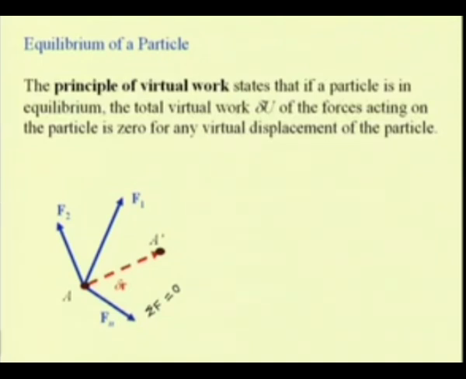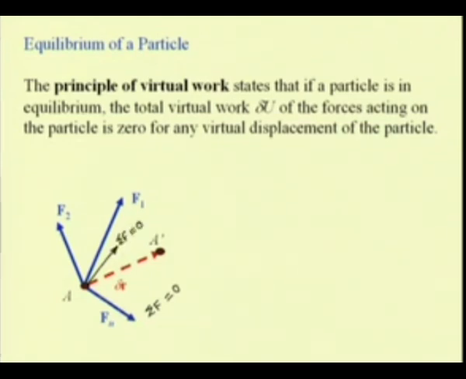So, the principle of virtual work states that if the particle is in equilibrium, the total virtual work delta u of the forces acting on the particle is 0 for any virtual displacement of the particle. Since we have already defined that this particle A is in equilibrium because of the action of these various forces, that means sigma f is 0. So, irrespective of this vector, say I say sigma f is now equal to 0.